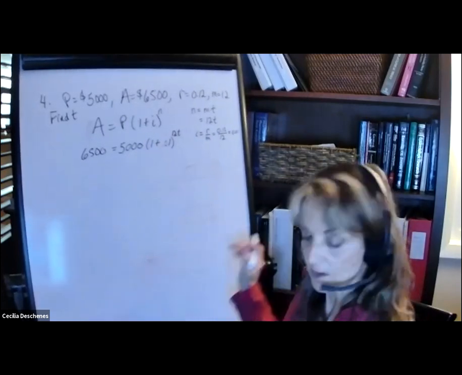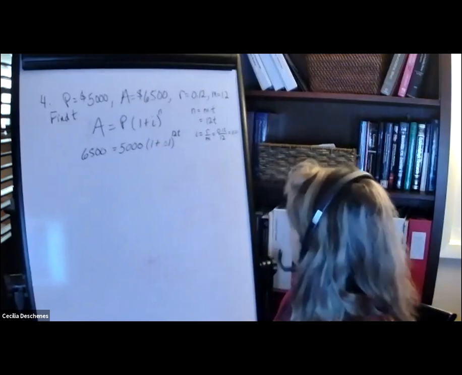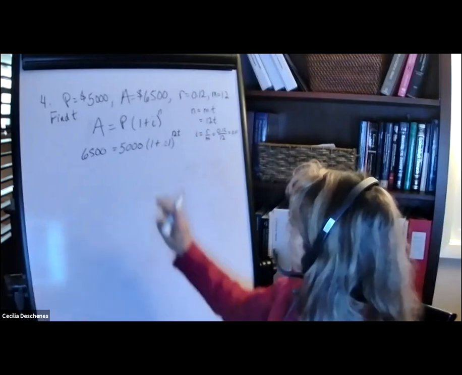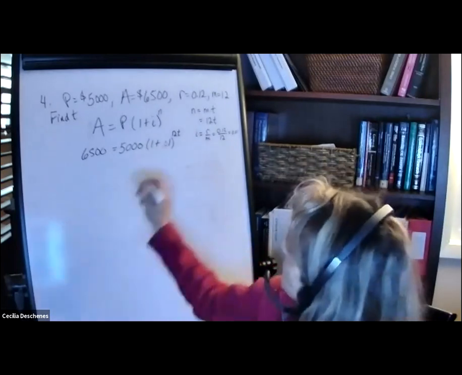We're going to first divide both sides by 5,000.